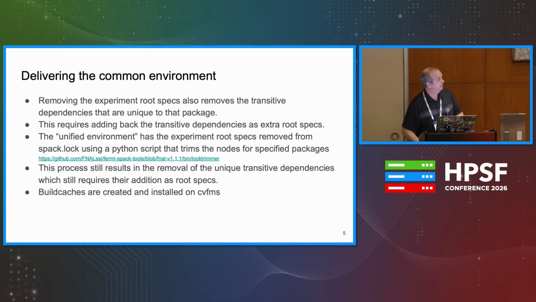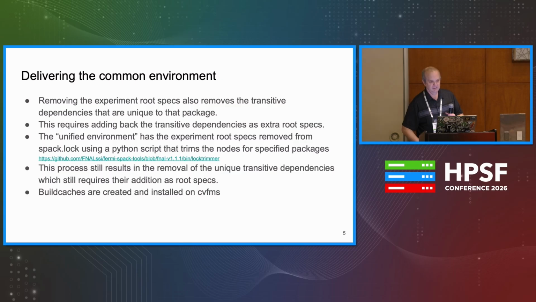So we're trying to deliver what we had already been doing, which is pre-building our software stacks and installing them on CVMFS, and then the experiment was supposed to be able to come along and just use that without having to rebuild that. But well, as you know, Spack likes to rebuild things if you put in new constraints.